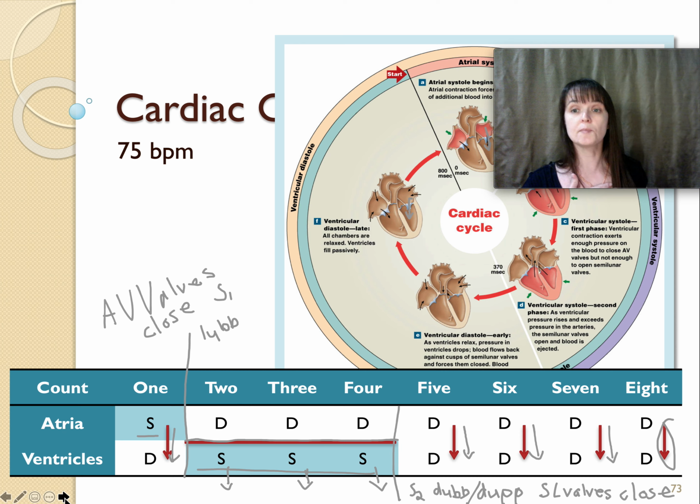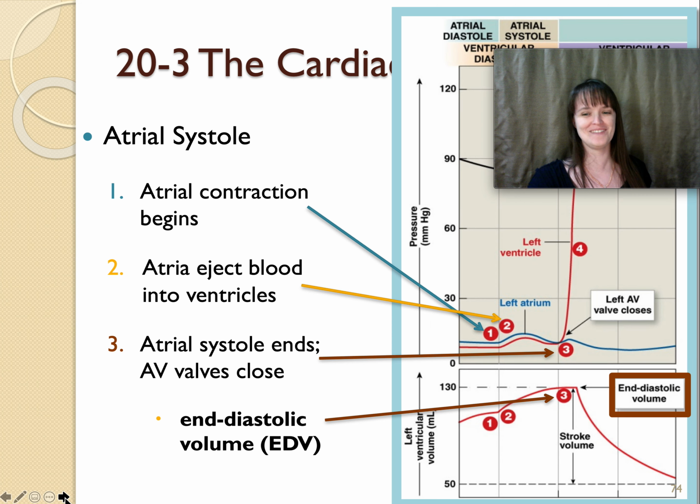And that's why your pattern, lub dup, lub dup, has a break here for the second half of that, because of passive filling. I just wrote that, which was entirely unnecessary. I forgot to do that.